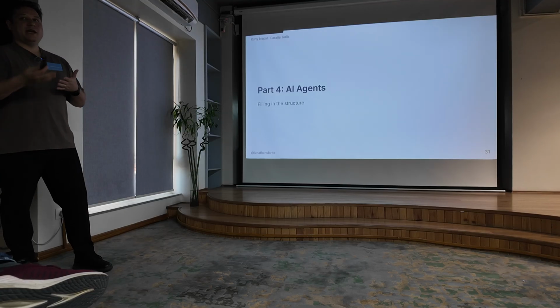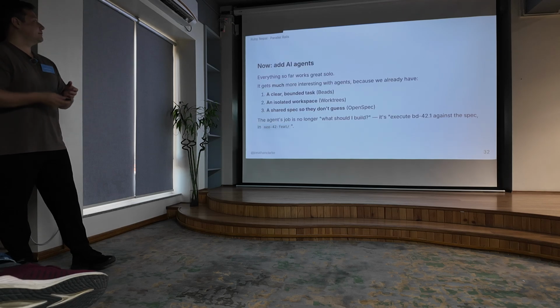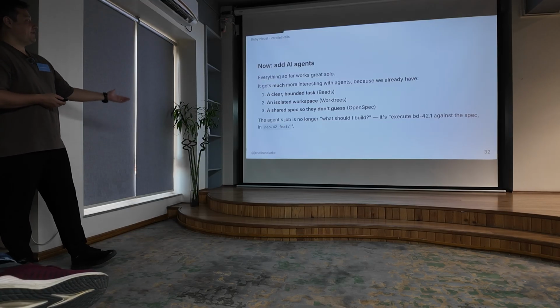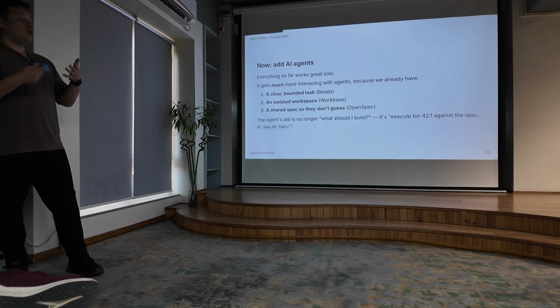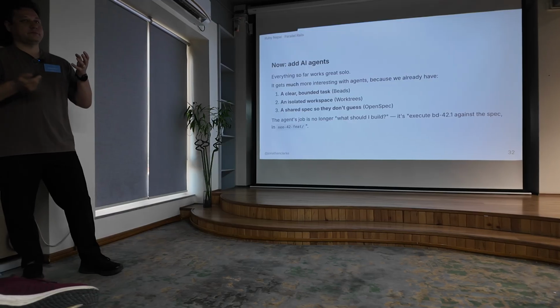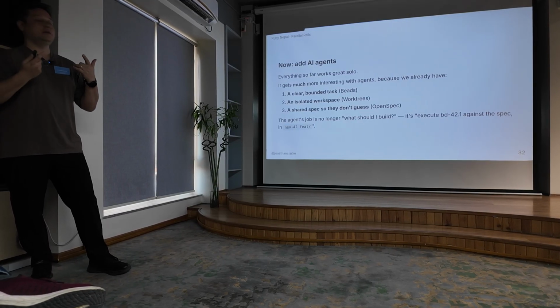Where this comes in next, and I've talked about AI agents as we go through, we've had work trees, we've had beads. Now we can add in agents. So we've had a clear bounded task with a bead, we've had an isolated workspace with our work tree, and we've had a shared spec. So nobody is guessing about what needs to be built. The agent's job isn't, hey, build this and one-shot it, with ambiguity.